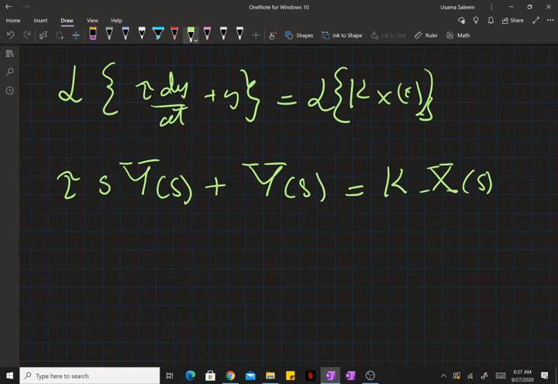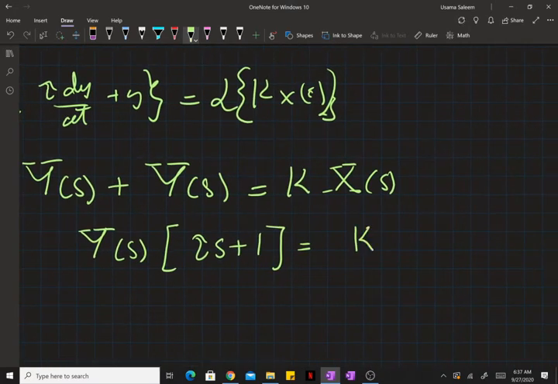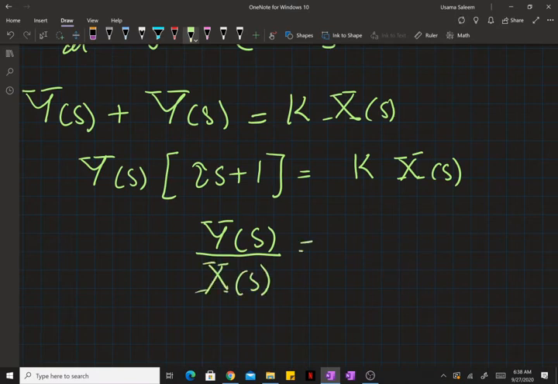And once you rearrange this by factoring out y of s, you're left with tau s plus 1 on the left hand side and the gain of process times x of s on the right hand side. Finally, from here you can easily rearrange the equation by obtaining the fraction y of s divided by x of s and have your first order transfer function on the right hand side.